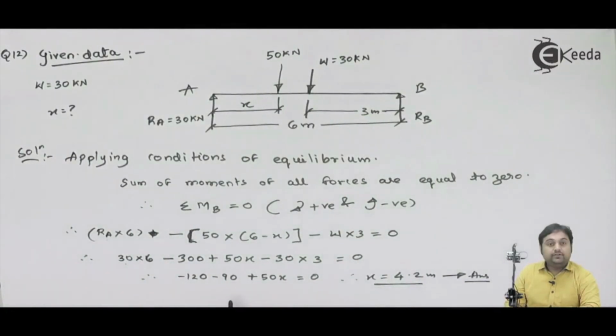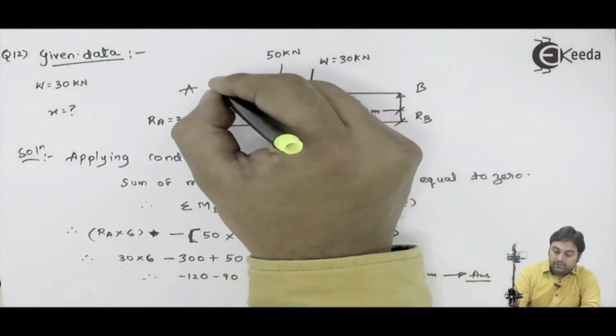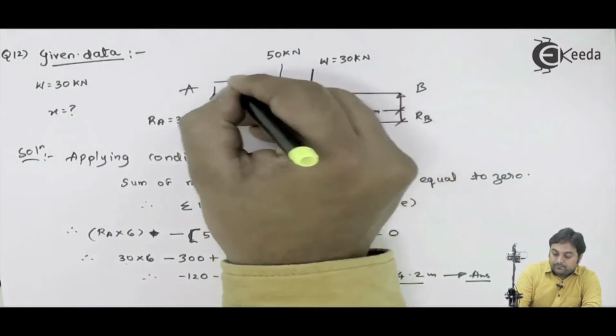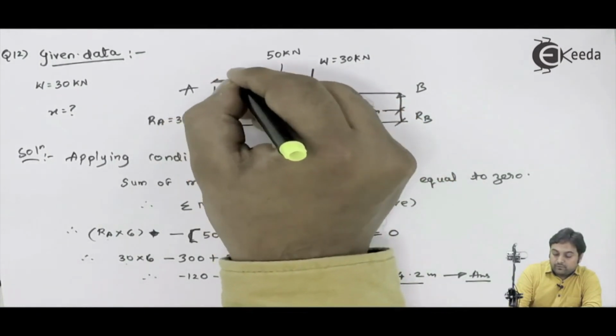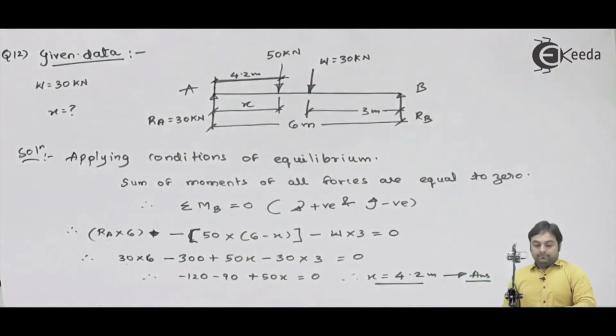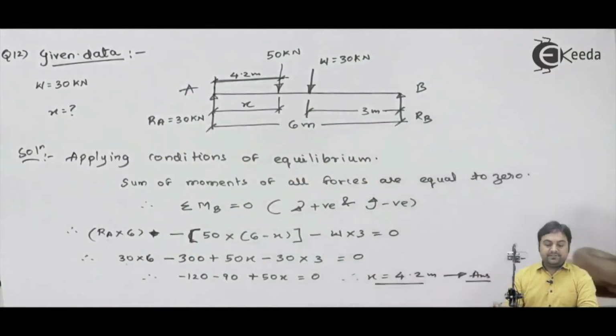If I divide 210 by 50, I would be getting it as 4.2 meter. Means this 50 kilonewton load would be placed at a distance of 4.2 meter from point A. And this was asked in the question and we have solved it. So this completes the question.